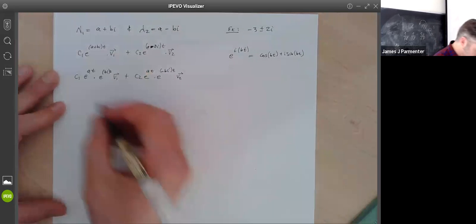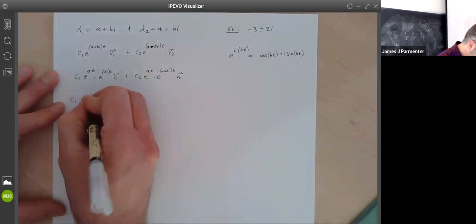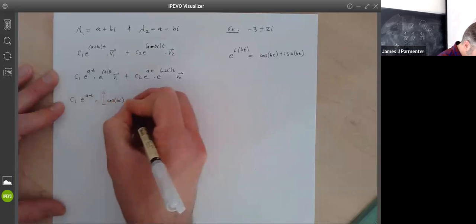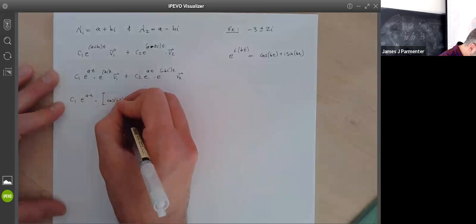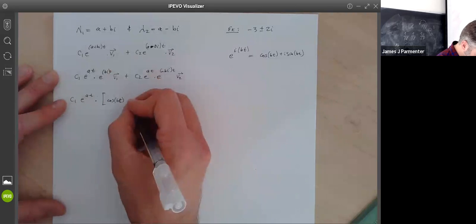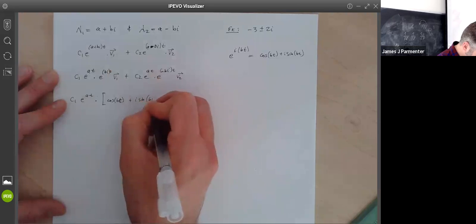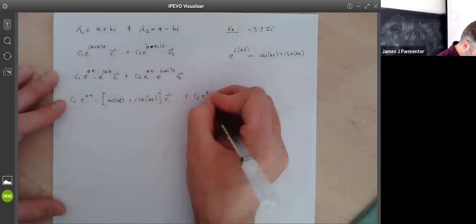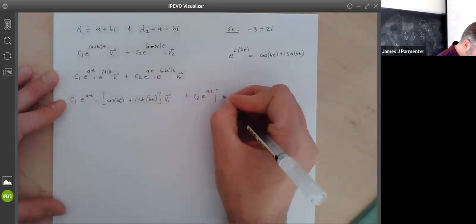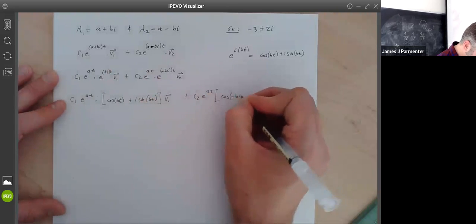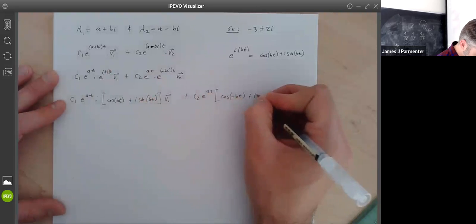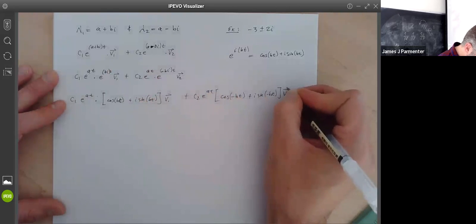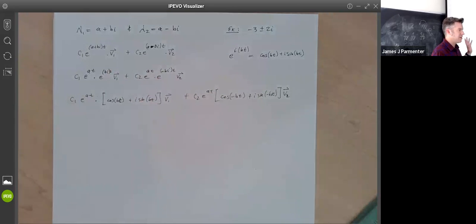And then if you really want, you're going to get C1 e to the at times cosine of bt plus i sine of bt, V1, I know it's gross, plus C2 e to the at times cosine of negative bt plus i sine of negative bt, V2.